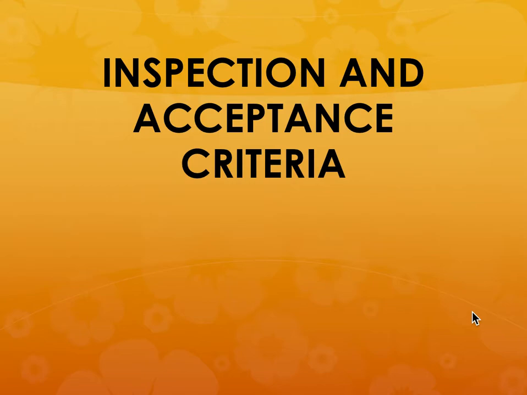Okay, so now switching gears a little bit, I'm going to talk a little bit about when you make a component, what is the first thing you have to do? You have to inspect it. And once you inspect it, you have to know whether something is acceptable or not.